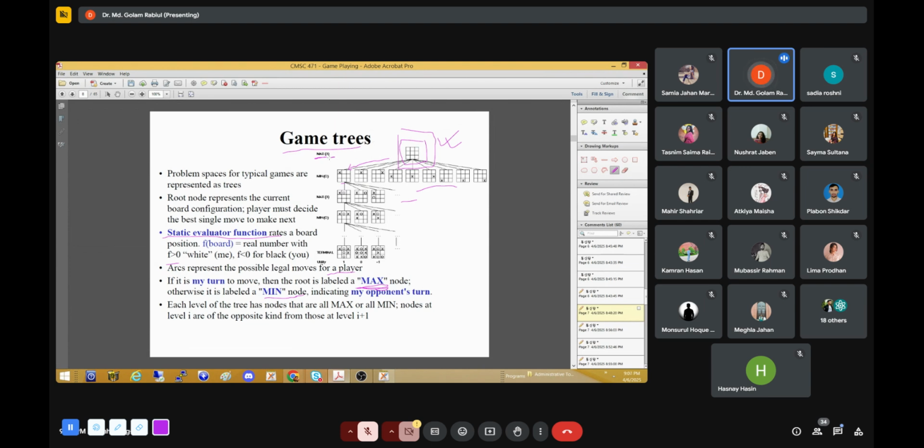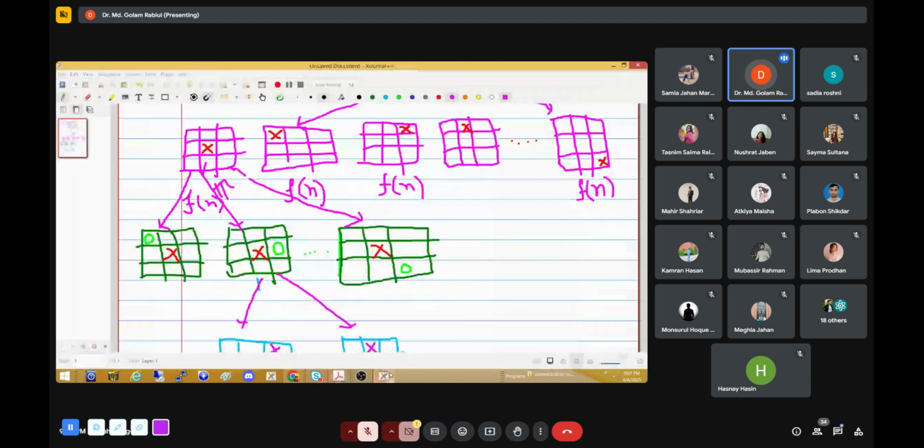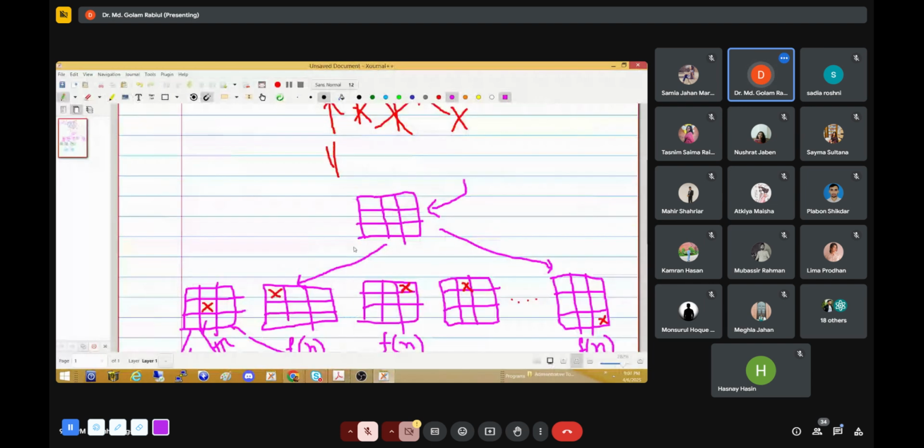Okay, so at first, this is my turn. So if we consider my turn, then we have to say that this is the max state. That means I can try to maximize my utility, maximize my profit.